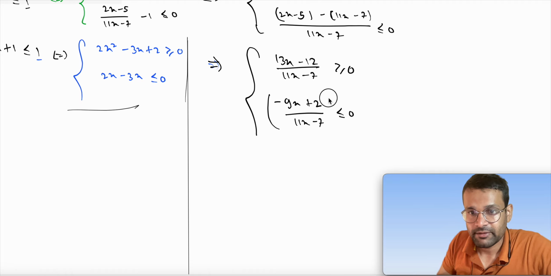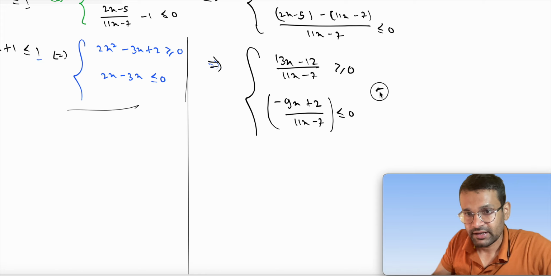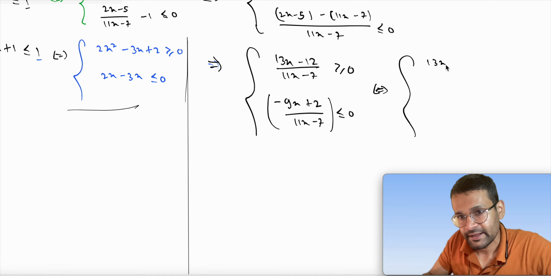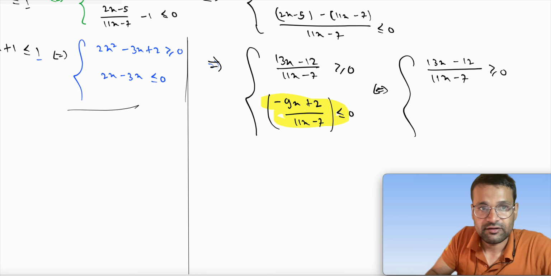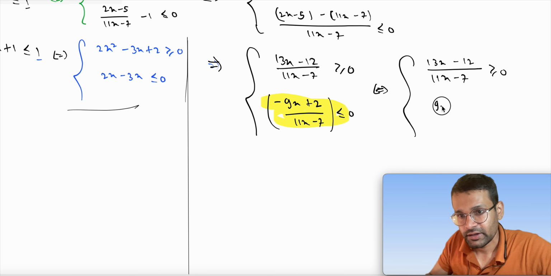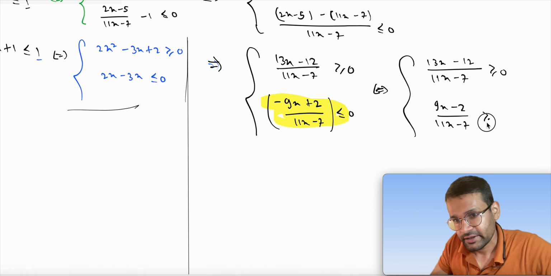Now you can multiply by minus 1 and change the sign. Now you rewrite this inequality: 13x minus 12 by 11x minus 7 greater than 0, and here you multiply by minus 1, then it looks like 9x minus 2 by 11x minus 7 greater than 0.